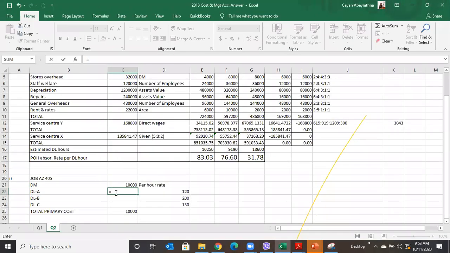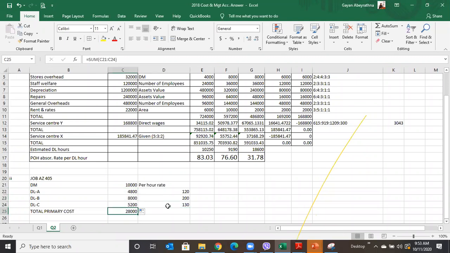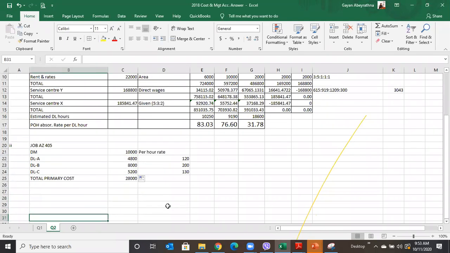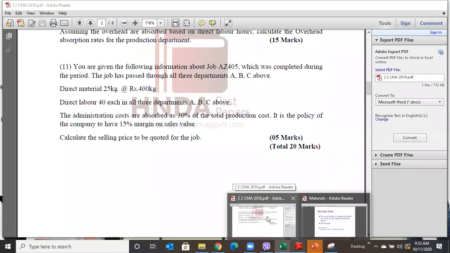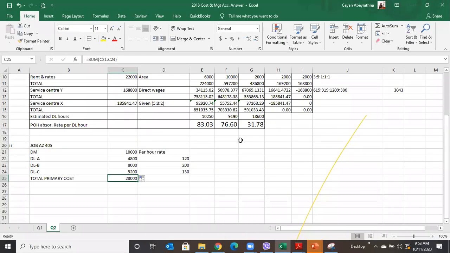Then what should we do? 40 into 120, 40 into 200, 40 into 130, then you can get the total primary cost. Okay. Then what is the next step?